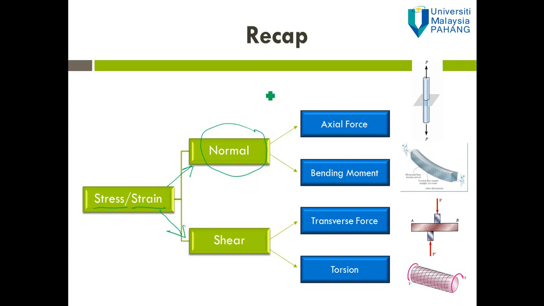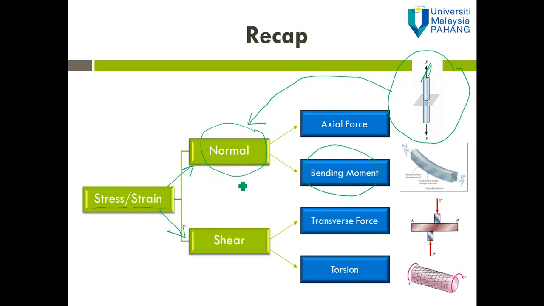If the structure is subjected to axial force, then the normal stress and strain will be developed in the material. The normal stress and strain also will be developed due to the bending moment.